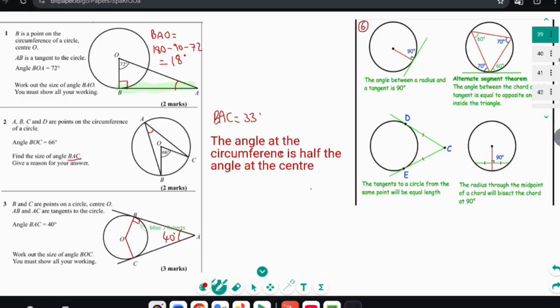So we've got a right angle because we have the angle between a radius and a tangent. Same here. Angles in a quadrilateral add to 360. So 360 minus 40 minus 90 minus 90 gives us the angle BOC, which is 140 degrees.